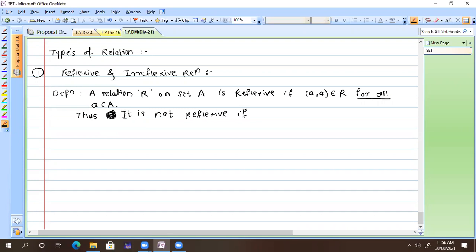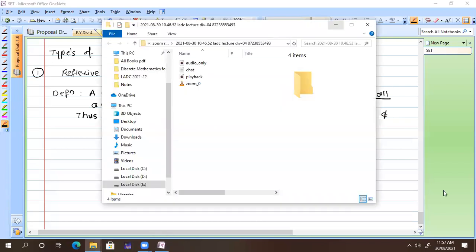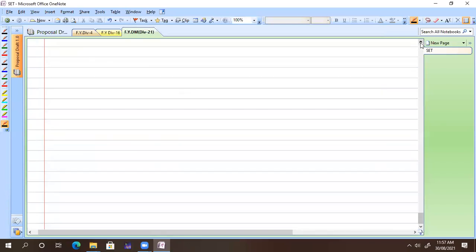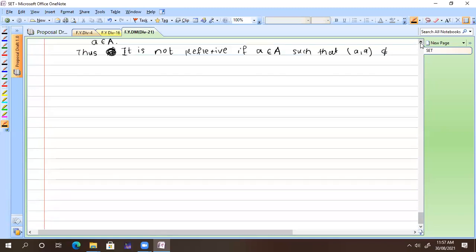Thus, it is not reflexive if there exists one element a belonging to A such that (a, a) does not belong to R. Got it, everyone?